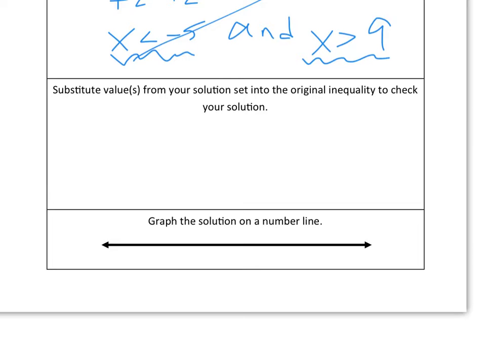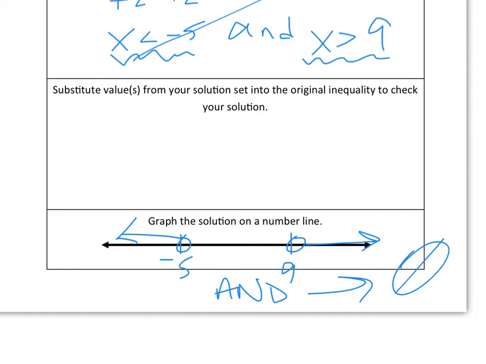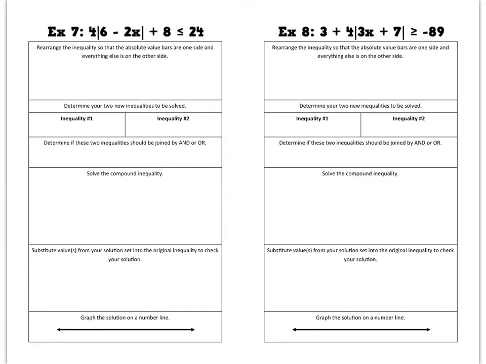And you could see that in our picture. When I would get down to graphing it, I would be trying to say it needs to be less than negative 5 and at the same time greater than 9, and I'm ending up with 2 pieces when with an and statement I should end up with one piece, which once again means that there are no solutions.